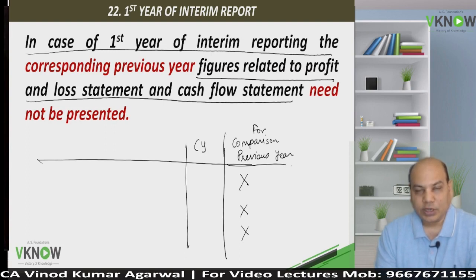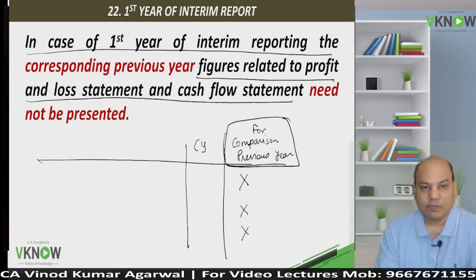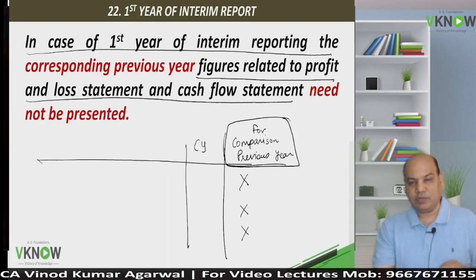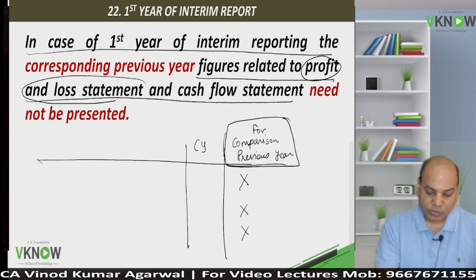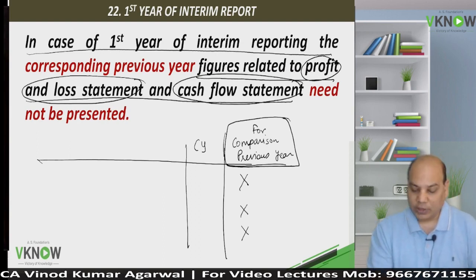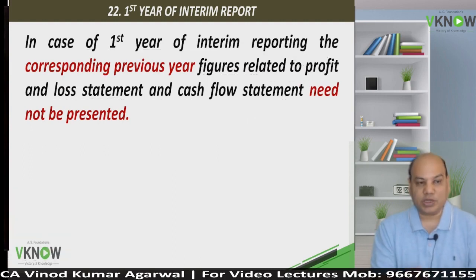That means corresponding figures of the previous year are not required because previously you were not preparing an interim financial report. So which two statements' comparatives are not required? P&L account, cash flow statement. But you can give the balance sheet of the immediately preceding previous year.